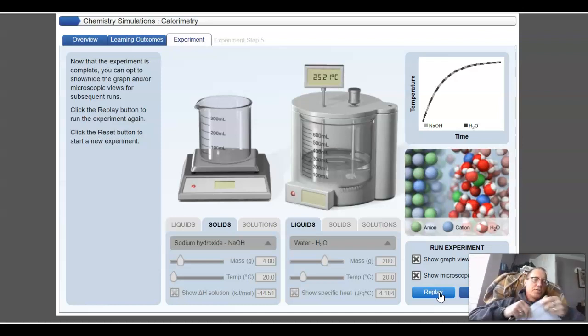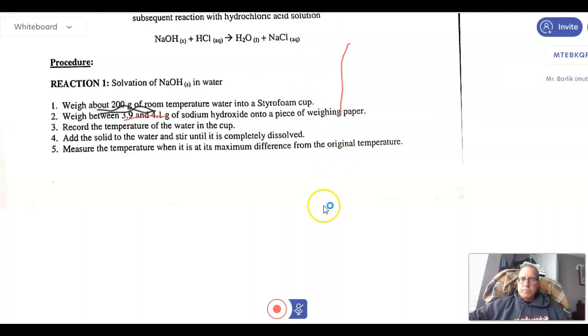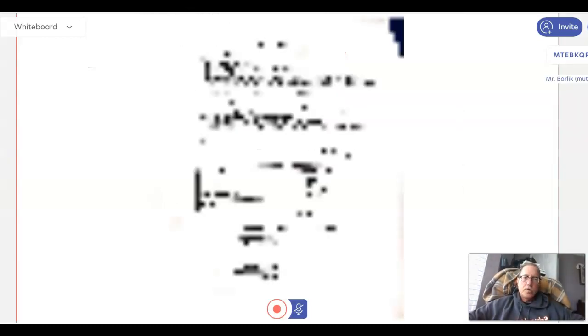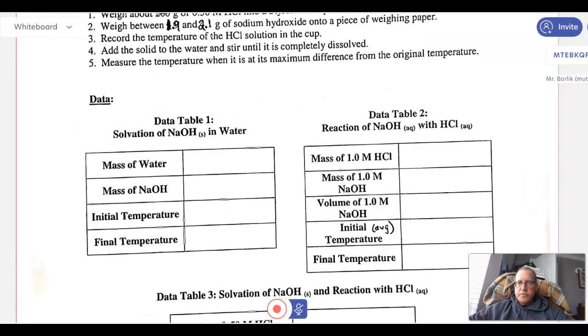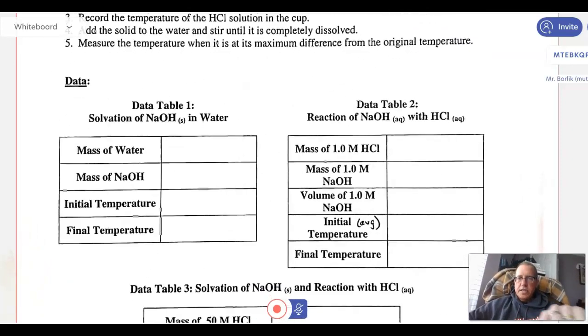All right, so let's go to your lab. And we want to use the data table for it. All right, so here is our data table for the solvation of sodium hydroxide in water. All right, so we want to put down our mass of water that we used.